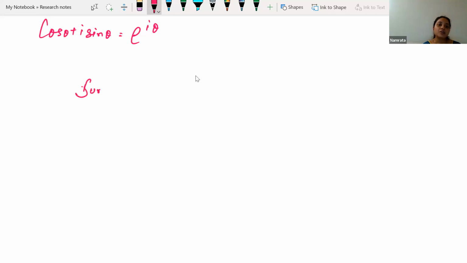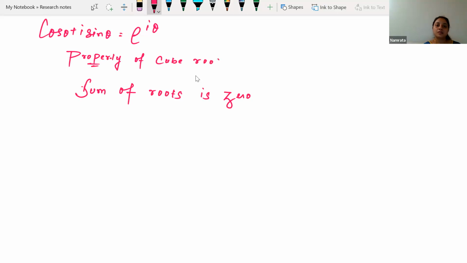One of the results is that the sum of the roots is 0. This is one of the properties of the cube root of unity. That is, the sum of the roots will be 0.